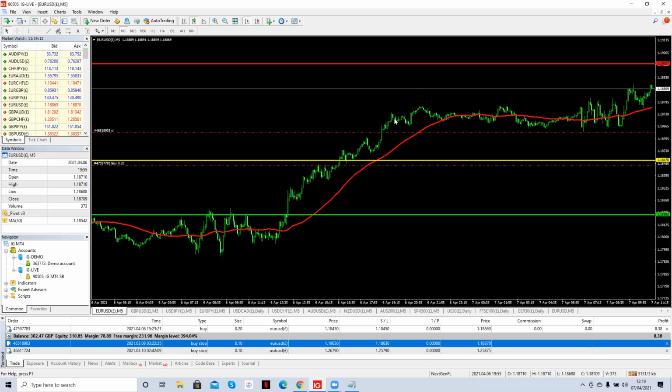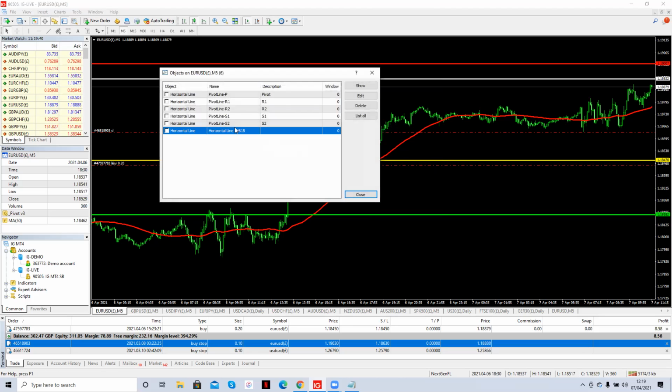Okay, so looking at the chart, you can see it's trending sideways. This is currently the highest point of the sideways trend, and that's the lowest point. I'll just quickly draw my lines. Looking at the data window, the high there is 1.18894. I'll just round that up to 1.1890.